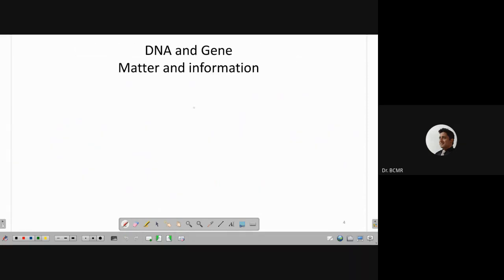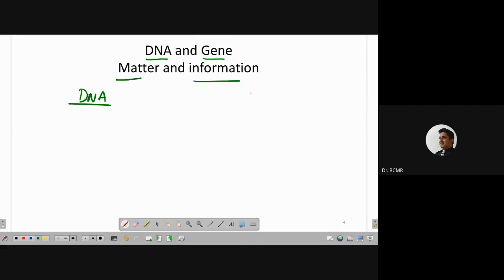So before we go further, we will talk about what is DNA, what is gene, and what is matter, and what is information. We have already discussed this before, but because we are talking about change in genetic information, I think we should revisit what we are discussing here, and then hopefully we will proceed further.